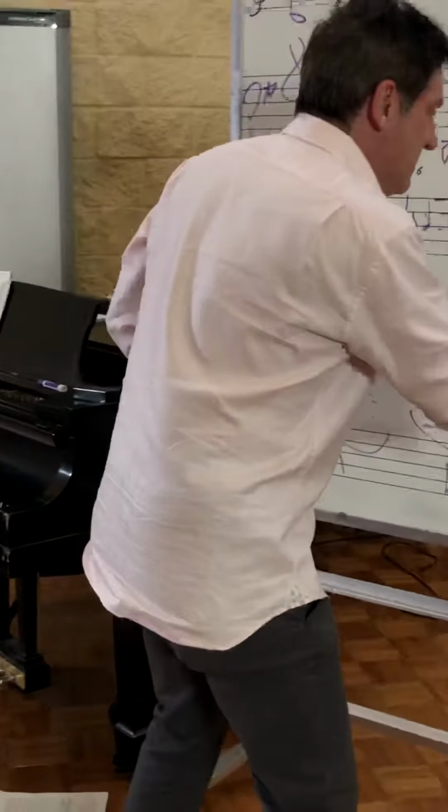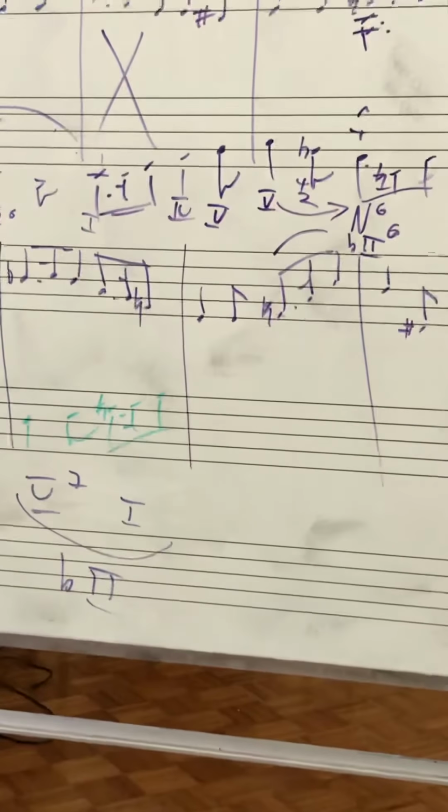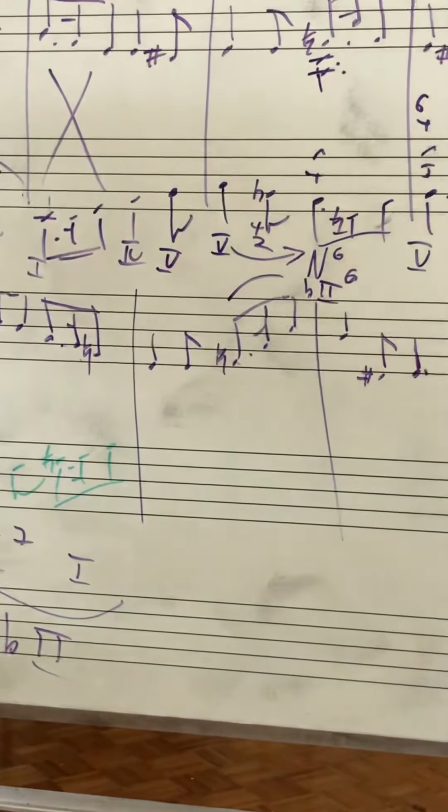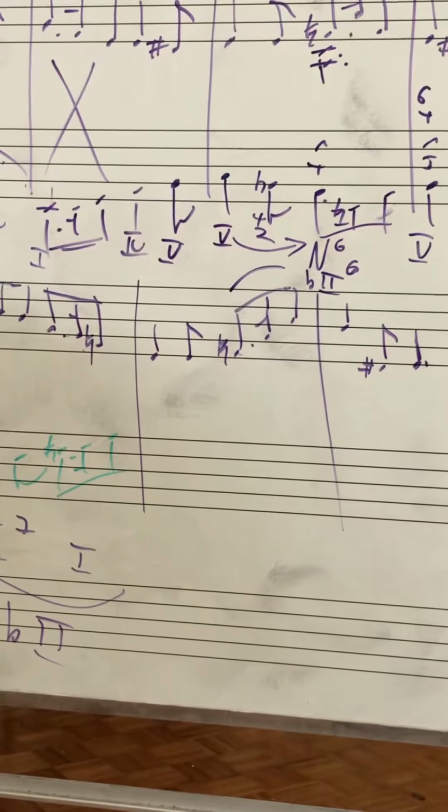Then this E to F, with the F major, could imply continued tonicization of F, of the Neapolitan.